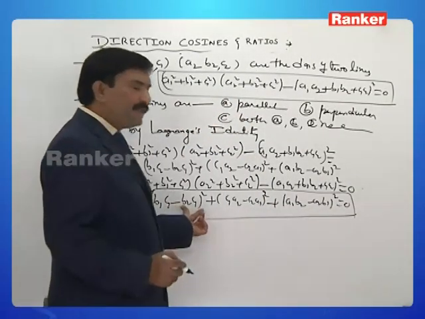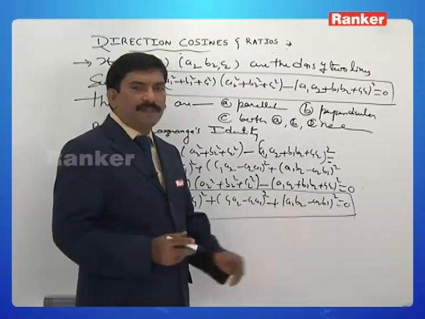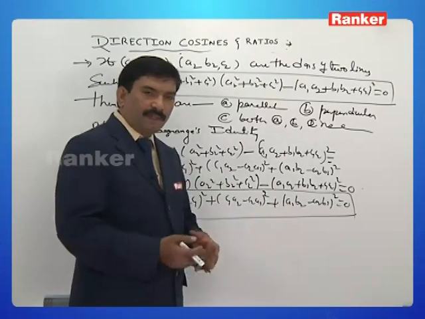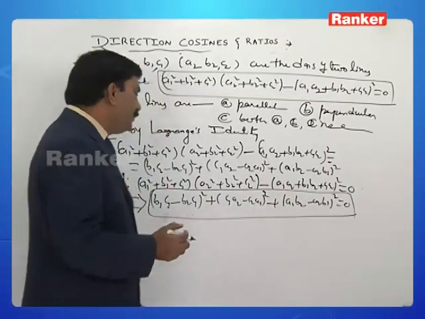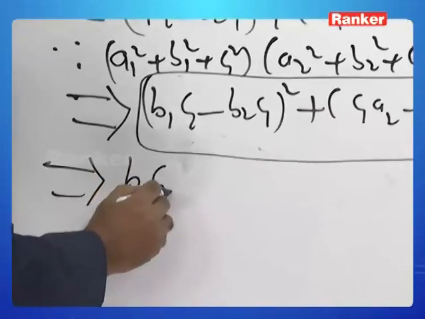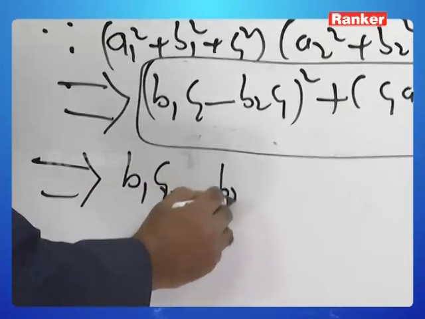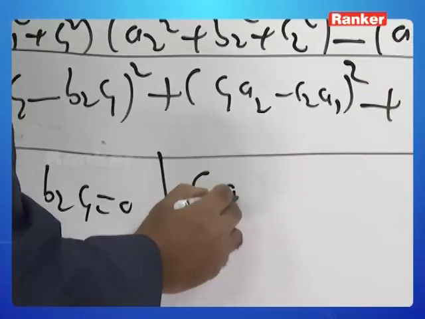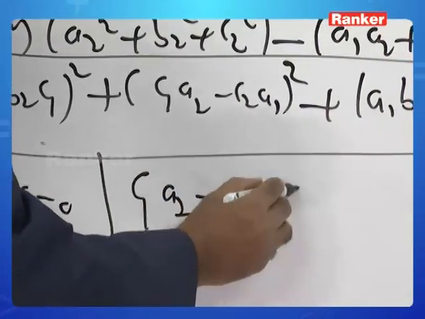When the sum of the squares of three numbers is equal to 0, each number must be equal to 0, which implies B1 C2 minus B2 C1 is equal to 0, and C1 A2 minus C2 A1 is equal to 0.